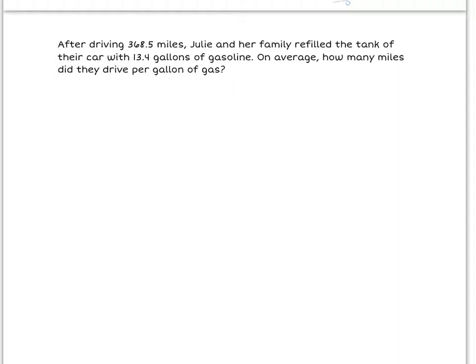So we got to do a division problem. 368.5 divided by 13.4. Don't you have to do a comma because it's more than 1? You don't have to. It's good to do that in your answer. Okay.